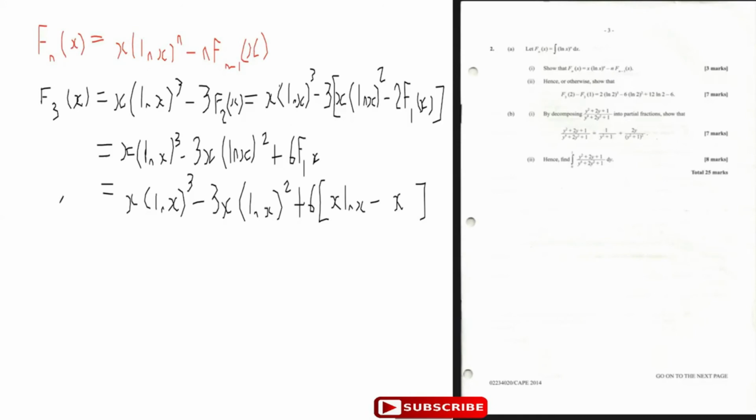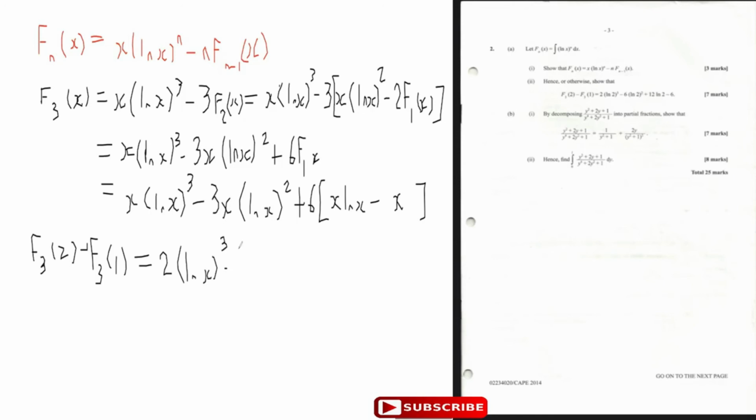Good. Now that we have the formula for f3 of x, we can now evaluate f3 of 2 minus f3 of 1. All we're going to do is replace x with 2 and 1. So it's going to be f3 of 2, replacing x with 2. We're going to get 2 times ln 2 cubed. Just want to make sure we make no mistake.